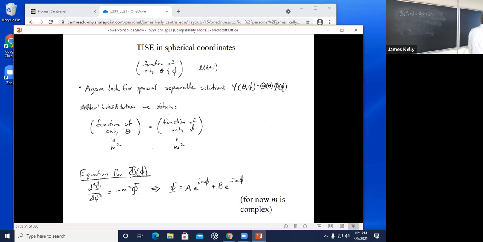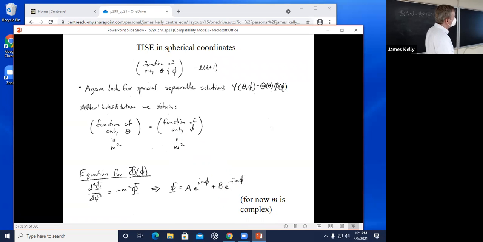It's a second order, constant coefficient, ordinary differential equation. So it has two linearly independent solutions, and they're the two different varieties of complex exponential functions like that, except that again, this m right here can really be, there's no restriction on it yet. So for now, we're going to assume that m might be any complex number.